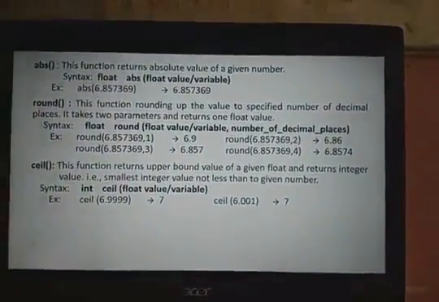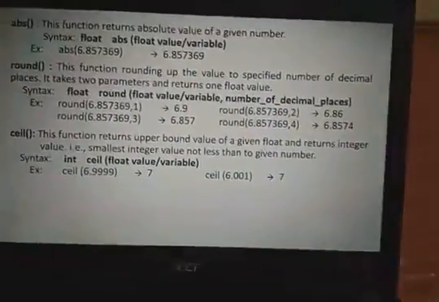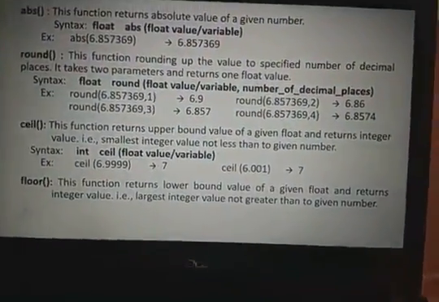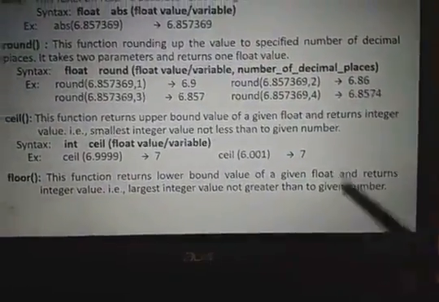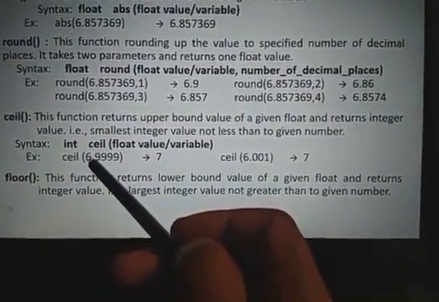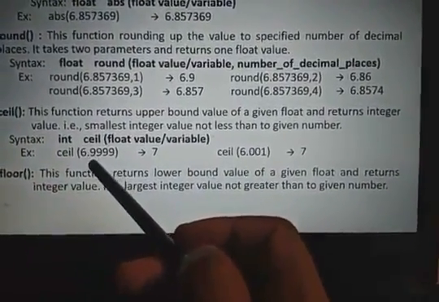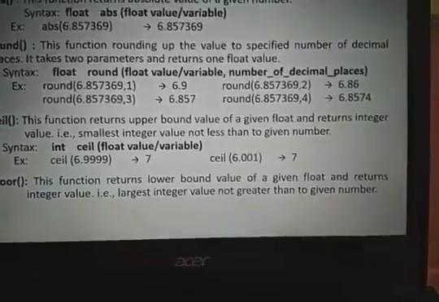Floor means it's exactly opposite to the upper bound. So this function returns the lower bound value of the given float value. Lower bound means not greater than the given number.